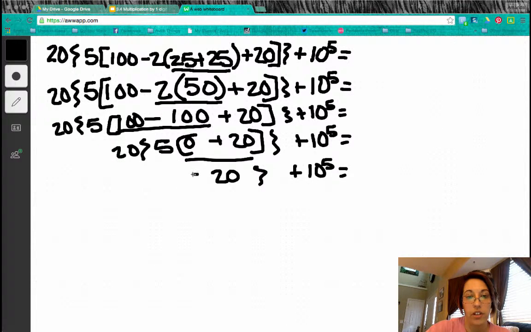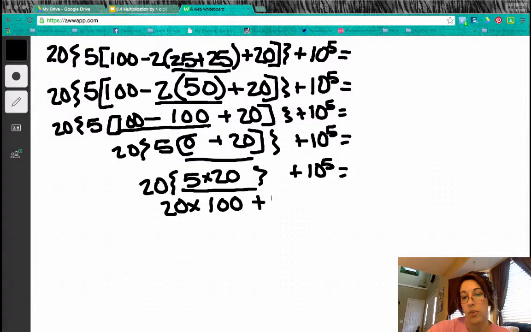Copy everything down. Look right here, no sign. I'm going to stick a multiplication sign in there because I know what that is. So 20 times 5, working in right here, is 100. We've got brackets out here, or the braces, which means we're going to multiply here, and then we're going to add 10 to the 5th power. So 20 times 100.